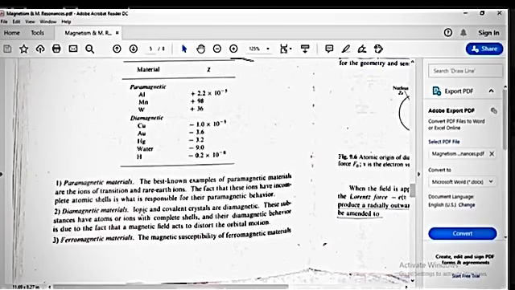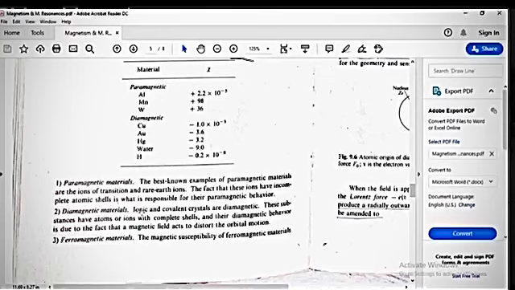Okay, paramagnetic materials. The best known examples of paramagnetic materials are the ions of transition and rare earth ions. The fact that these ions have incomplete atomic shells is what is responsible for their paramagnetic behavior.